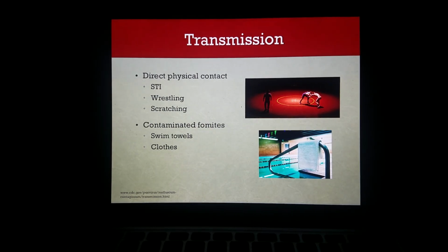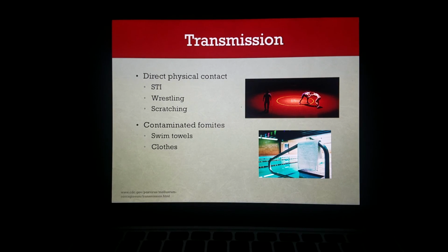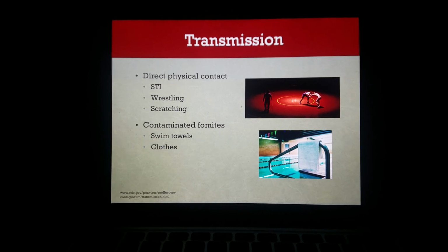So transmission is through direct physical contact or contaminated fomites. Because it is strictly an epithelial virus, it's not in the bloodstream. It's not going to be transmitted through cough or through bodily fluids. It's basically just direct contact. So it again is an STI.